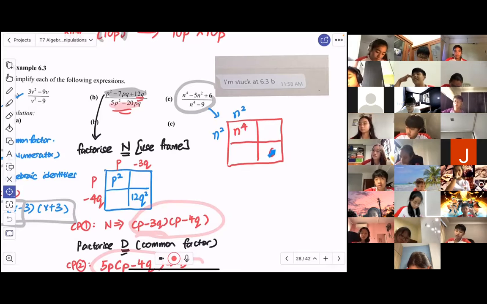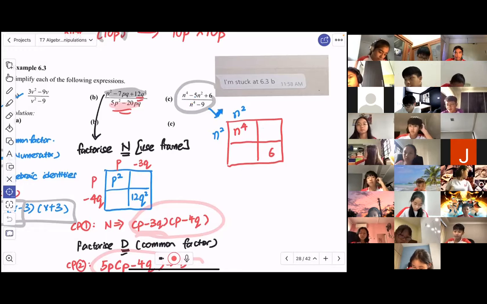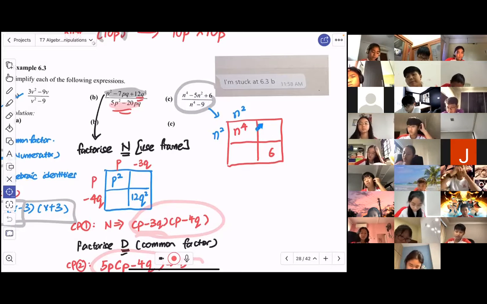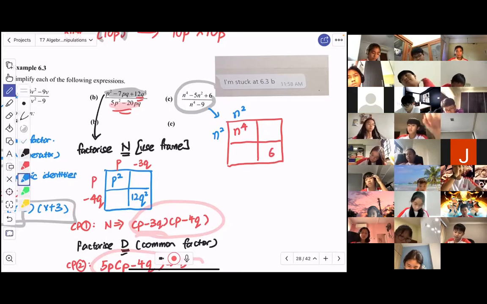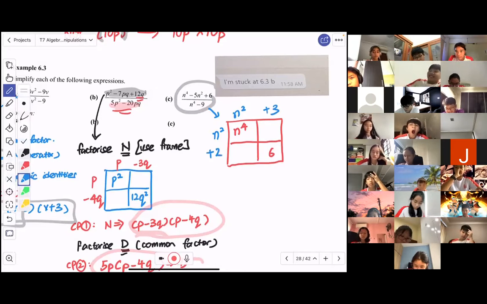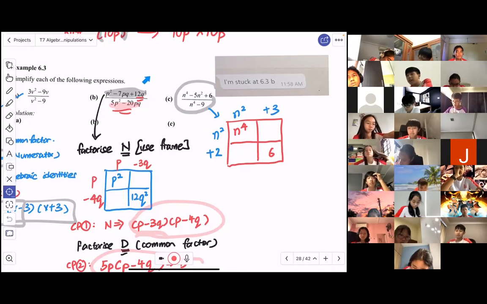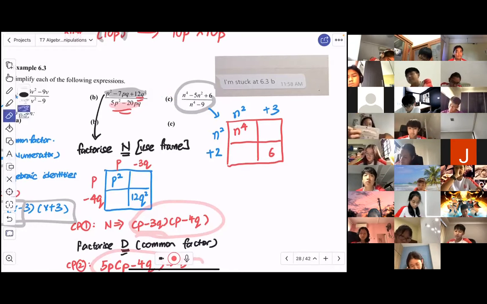Should we use 2 times 3 or should we use -3 times -2, given that you see a negative sign here? If you use +3 and +2 as the factors, you will see that what comes up is a positive sum, right? So if I want a negative sum, what should I be using?